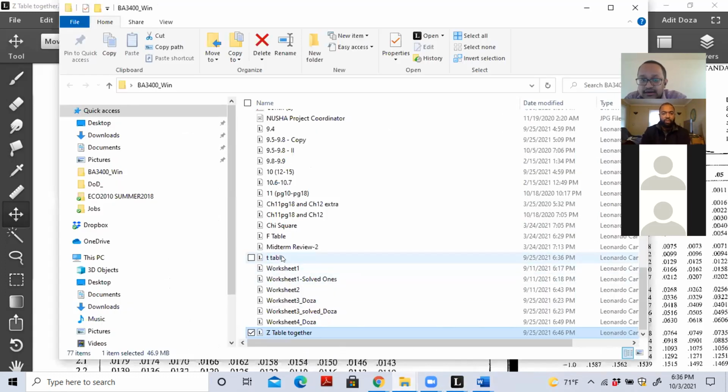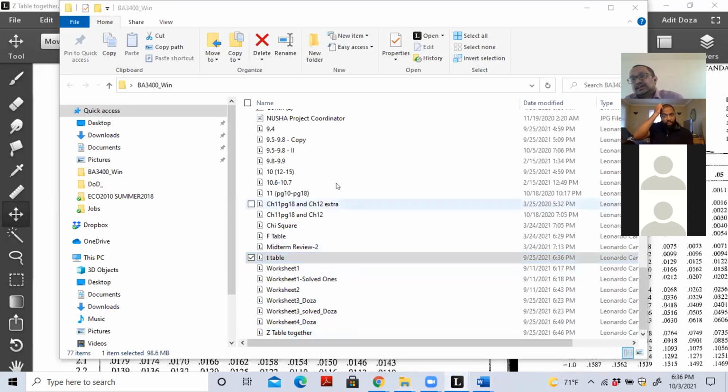But that can be done. So for calculating the p-value for the t table, we told you to use Excel. So most of the questions will be known standard deviation.